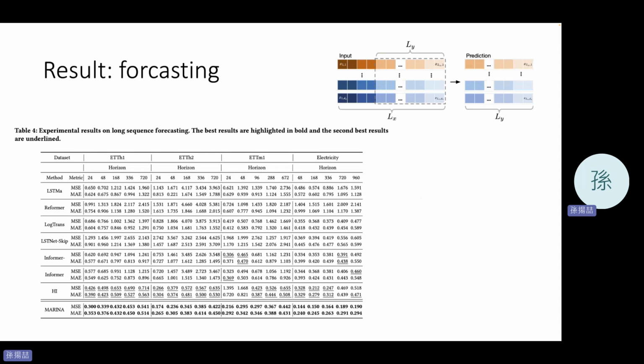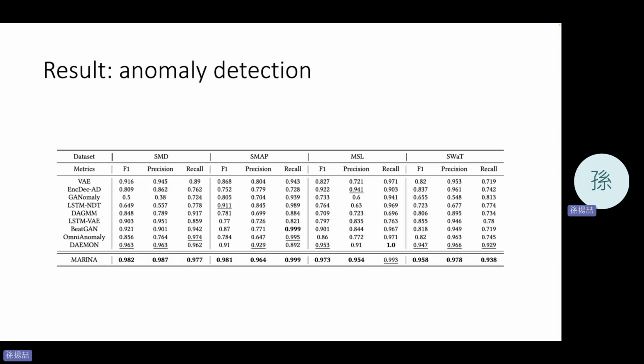As for the results, we can see that MARINA outperformed all the state-of-the-art models, including LSTM, transformer, and traditional time series analysis tools. As for anomaly detection, we also see that MARINA outperformed all the other models like GAN, LSTM, or variational autoencoders.